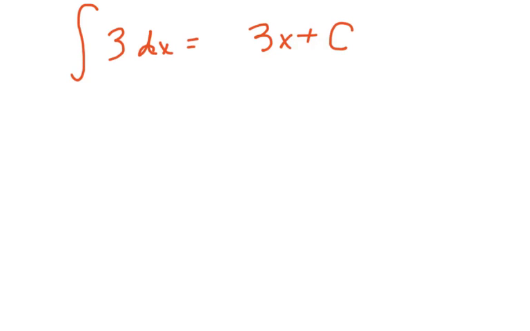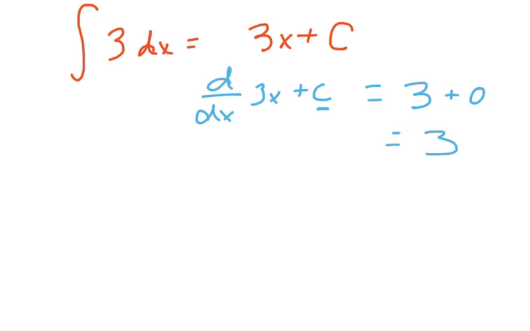Why? Because the derivative of 3x plus c, derivative of 3x is 3, and the derivative of some constant would be 0, so that gives me a value of 3, the function that I originally started with. Okay, and this is the same pattern.